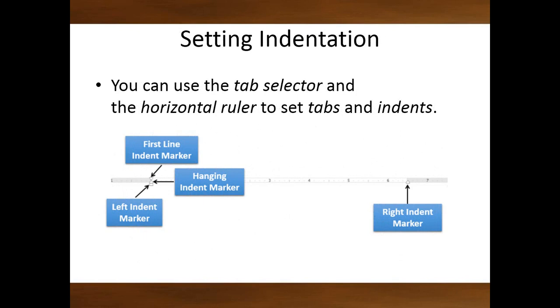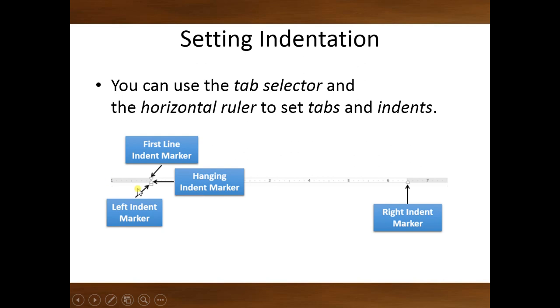How do we create the indentations that we have spoken about? Usually, we use the indent markers found on the horizontal ruler, which is usually found above the working area within the Microsoft Word program.